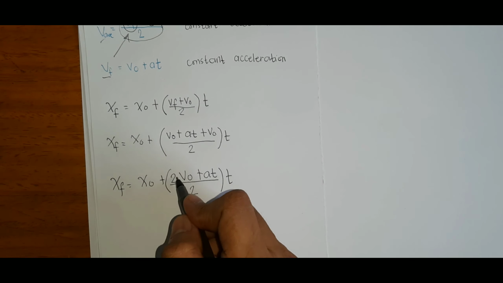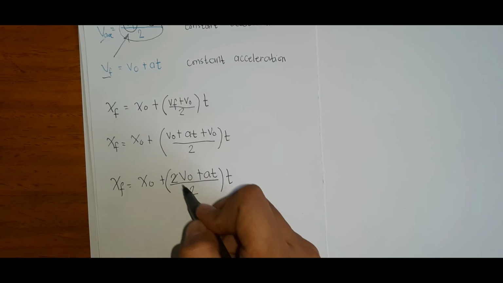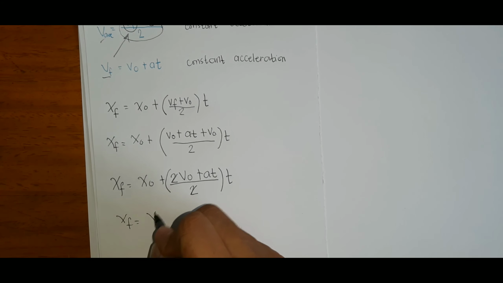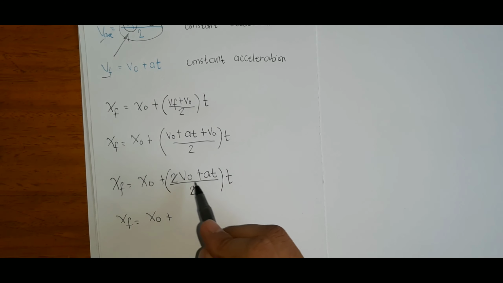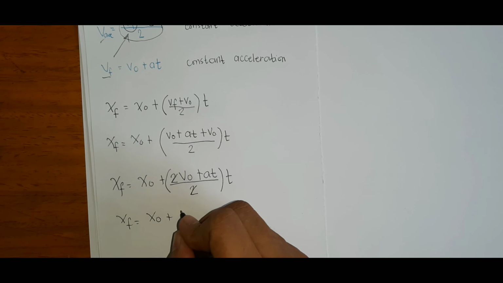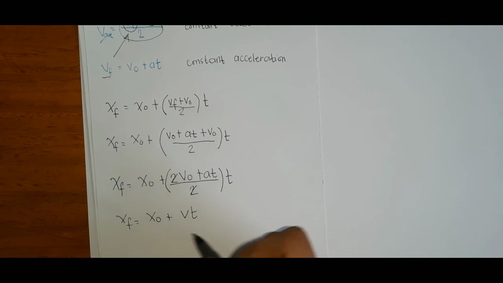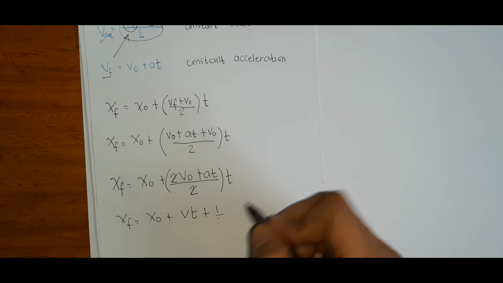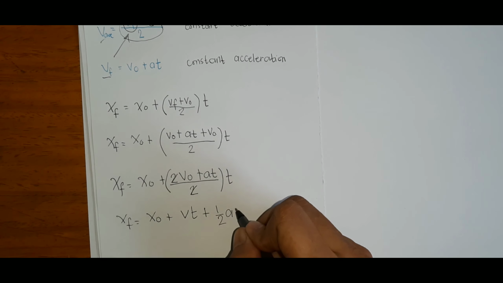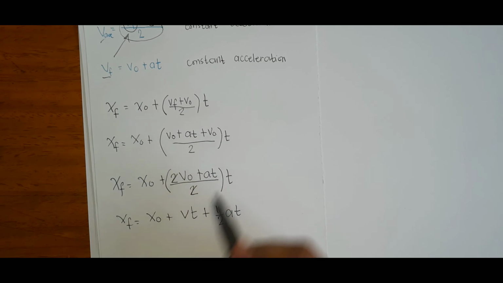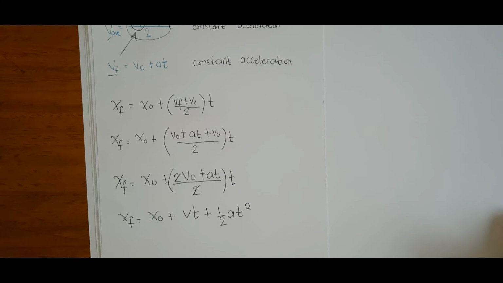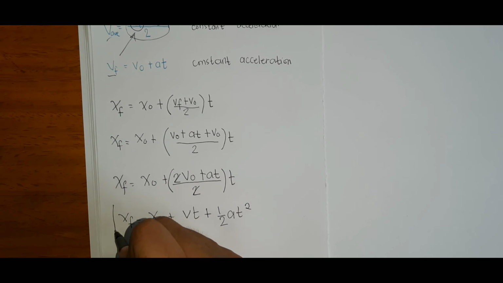You multiply v times t, you will get vt; cancel your 2 because it is divided by 2, plus 1 divided by 2, you will have 1/2 a times t, then multiplied by the t outside, you will have at squared. So this is the combination of the first three given equations.